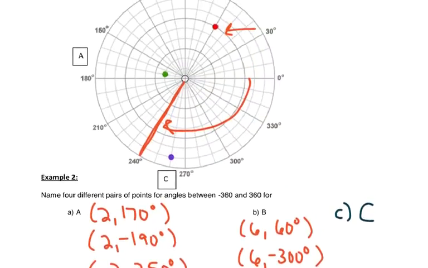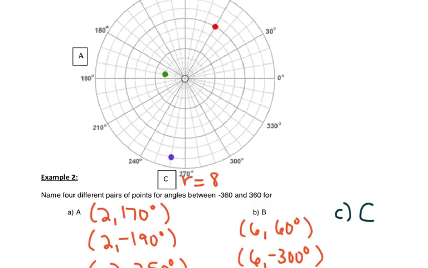All right, let's go do this one more time with C. All right, C is the purple dot, and it looks like it's at, let's see, 1, 2, 3, 4, 5, 6, 7, 8 on the 8th circle, so maybe its radius is 8.